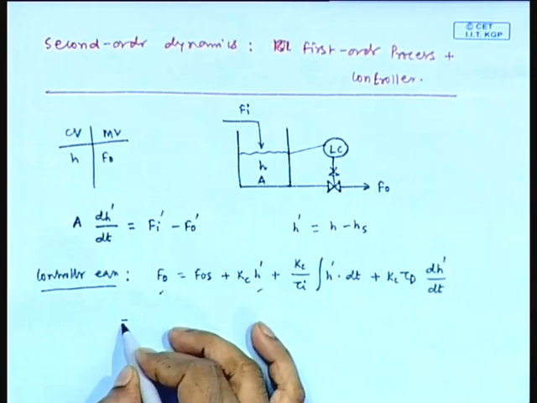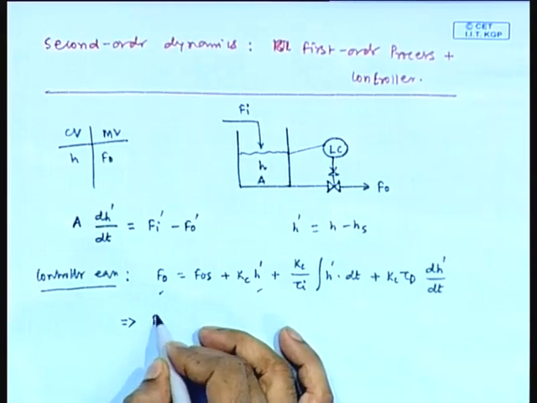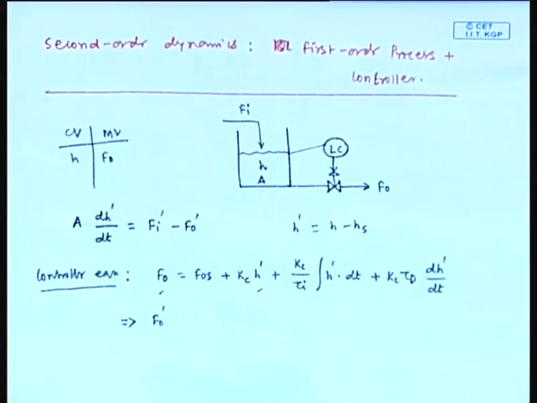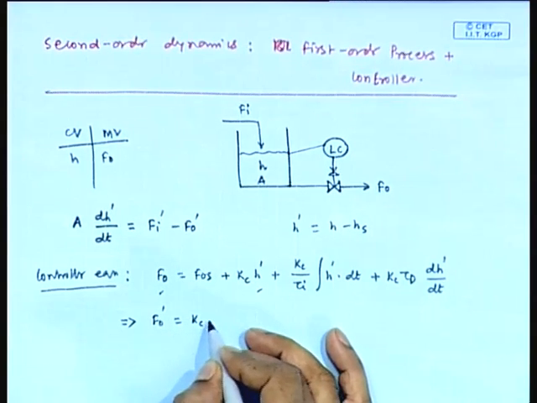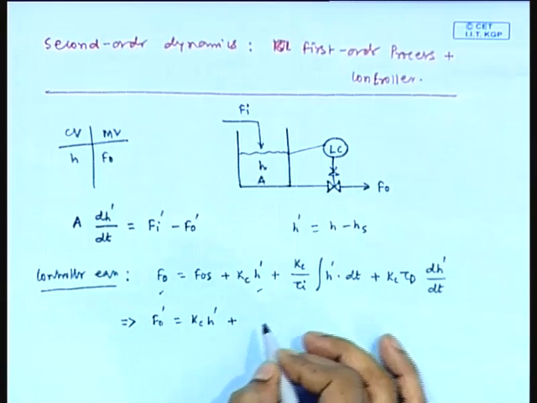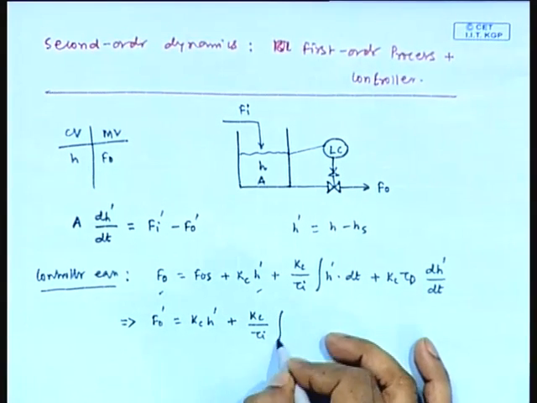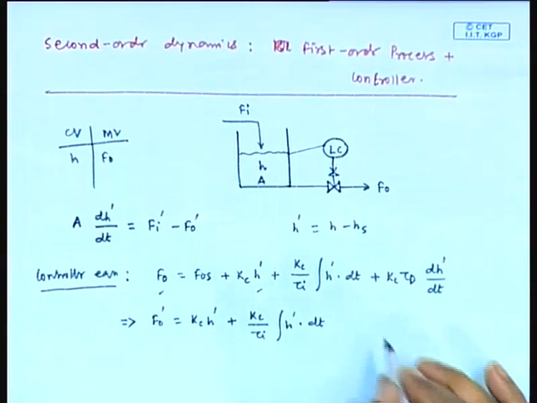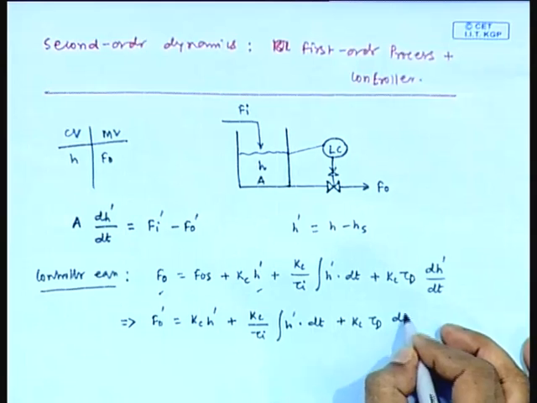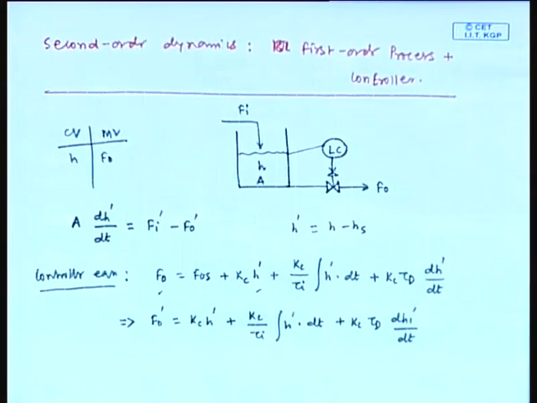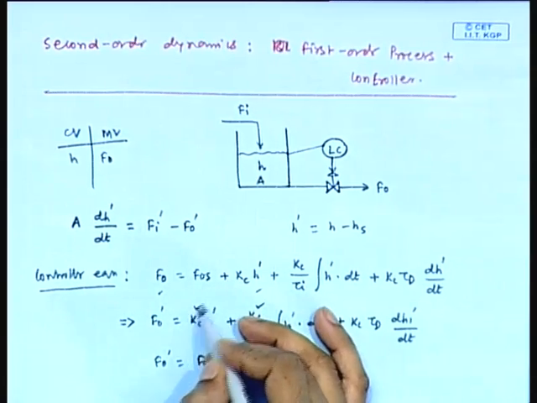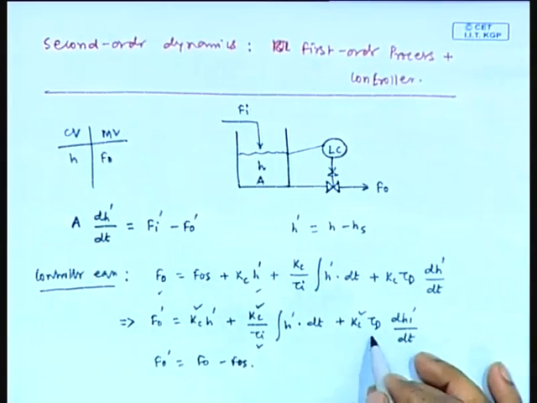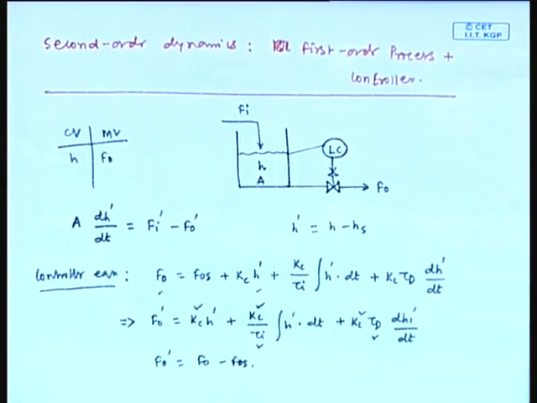Now, we can write this equation as f naught prime equals kc h prime plus kc divided by tau y integration h prime dt plus kc tau d dh prime dt, where f naught prime equals f naught minus f naught s, and in this equation kc, tau y and tau d, these three are controller tuning parameters.